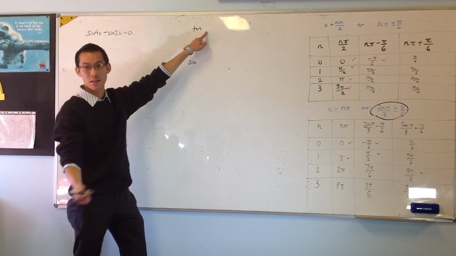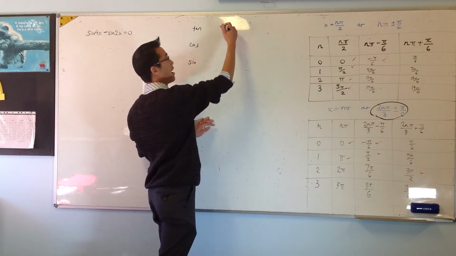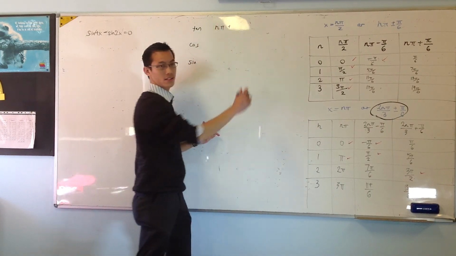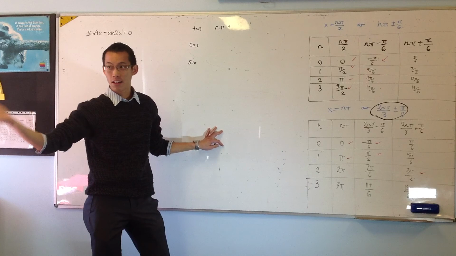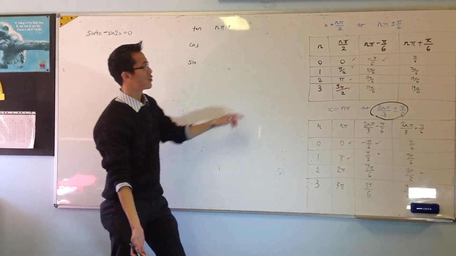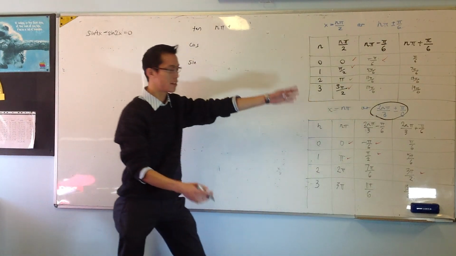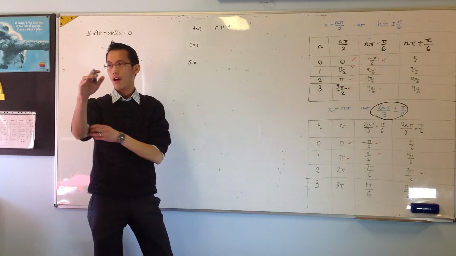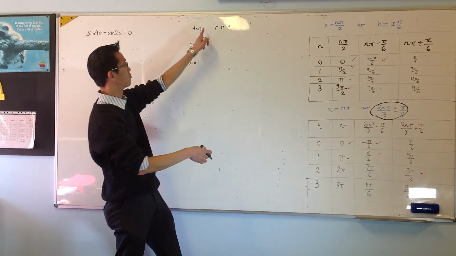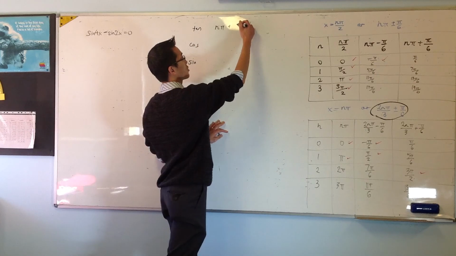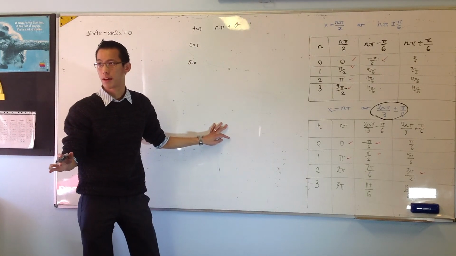Do you remember? Let's start with the easiest one. At the front of tan, it's n pi, plus the related angle. Either call it theta, say pi on 6, or other angles, pi on 2, pi on 3, or we could just call it tan inverse of whatever's on the other side. I'm just going to call it theta for now, because I think you know what it's talking about by now.